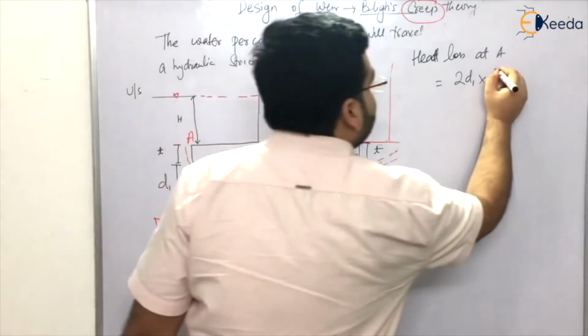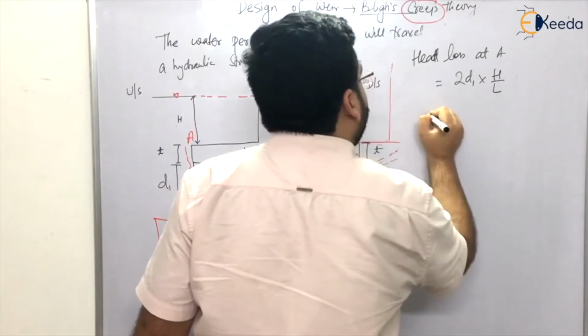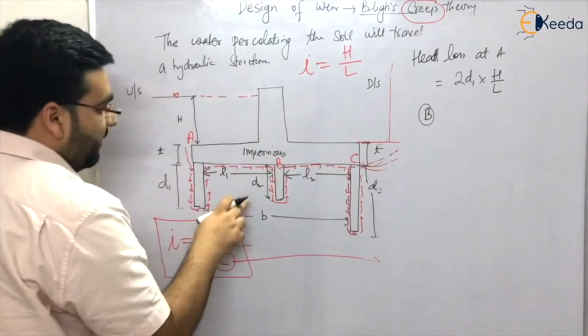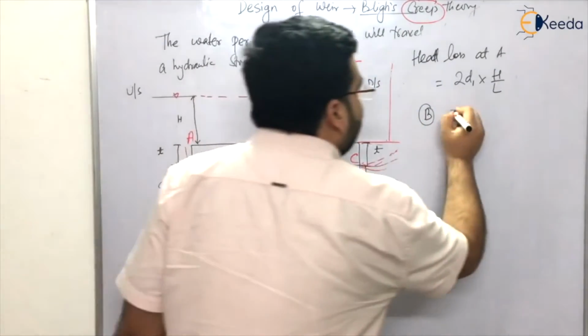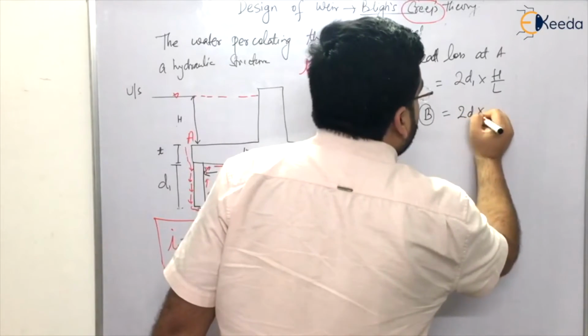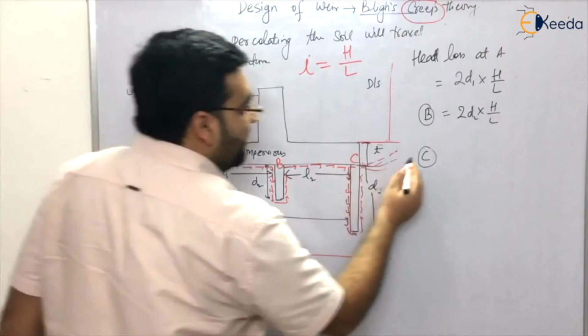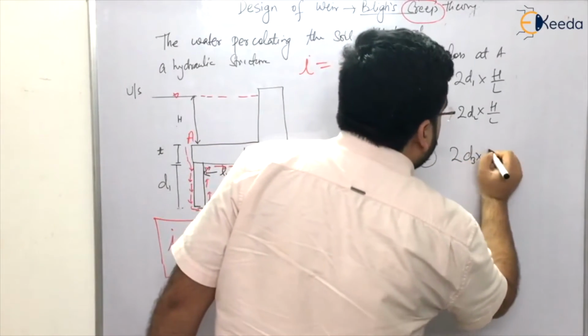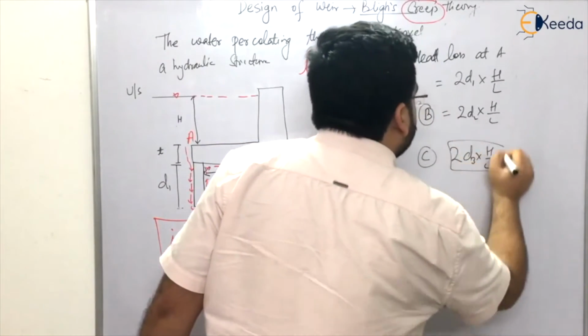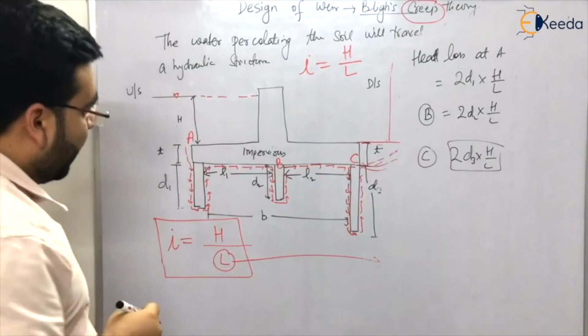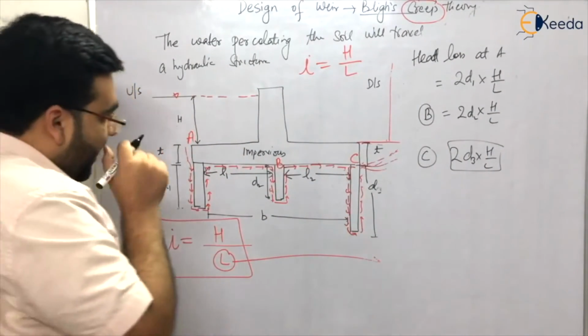H by L. What will be the head loss at B? Head loss at B will be equal to D2 plus D2, 2D2 into H by L. Similarly at C, it will be equal to D3 plus D3, that is 2D3 into H by L. So these will be the head losses. Clear? Okay. I hope that you have got it.